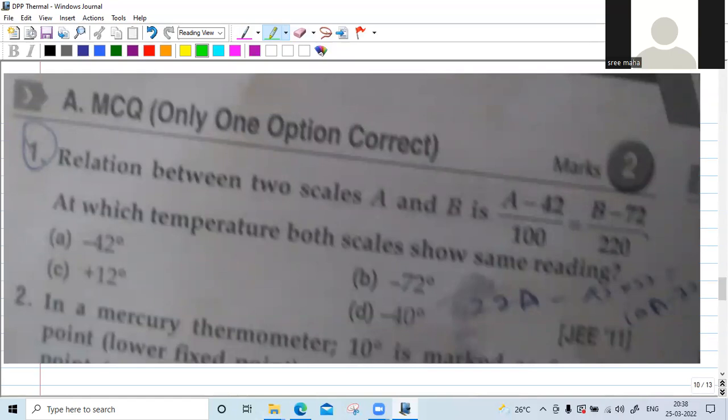Relation between two states. Okay. At which temperature? It's a trivial question, no? We just have to put A equal to B equal to some K. Sir, but I didn't get the right answer, sir.